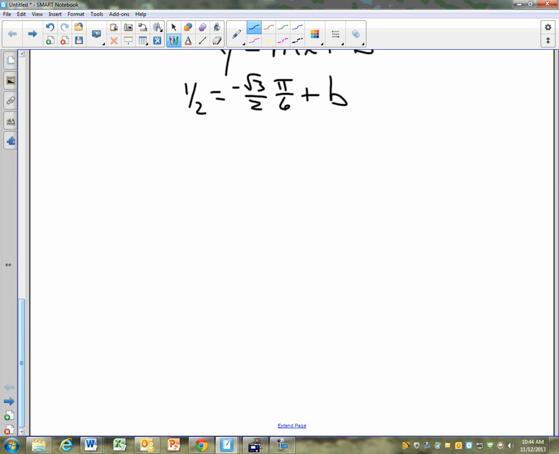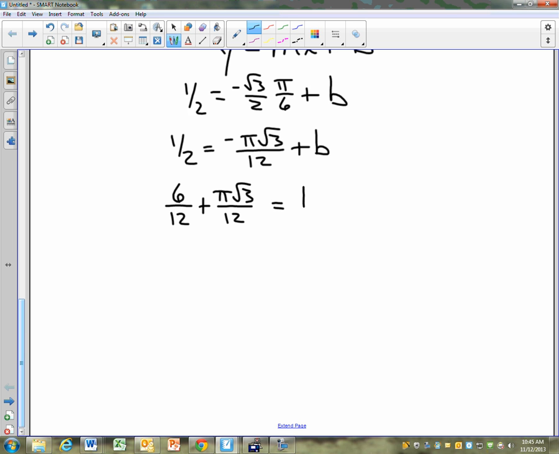So I'm trying to solve for the y-intercept. 1/2 is equal to negative pi roots of 3 over 12 plus b. Find common denominators. 6 over 12 plus pi roots of 3 over 12 is equal to b.